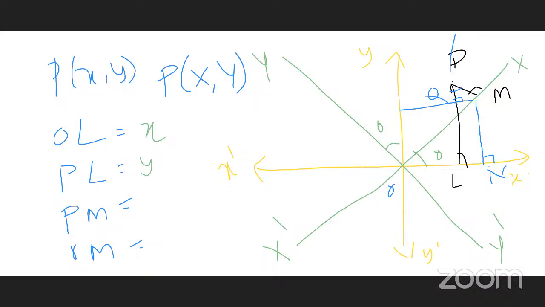Capital X, sir. Very good. OM is capital X and PM is capital Y. Don't get confused, we have just rotated the axis.